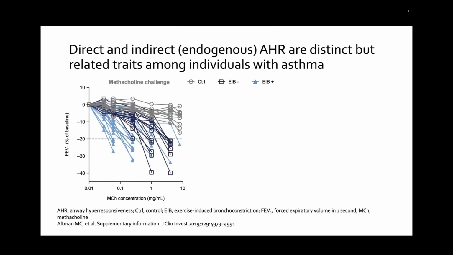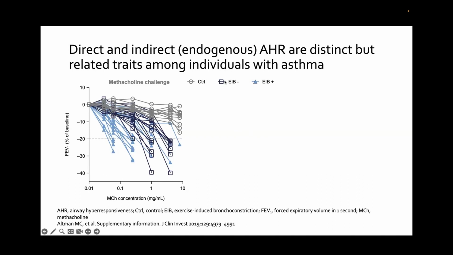So just to go over these traits, this is from our JCI paper. We phenotyped this large group of people, and this is actually the third of these sets of studies where we phenotyped individuals for airway hyperresponsiveness.